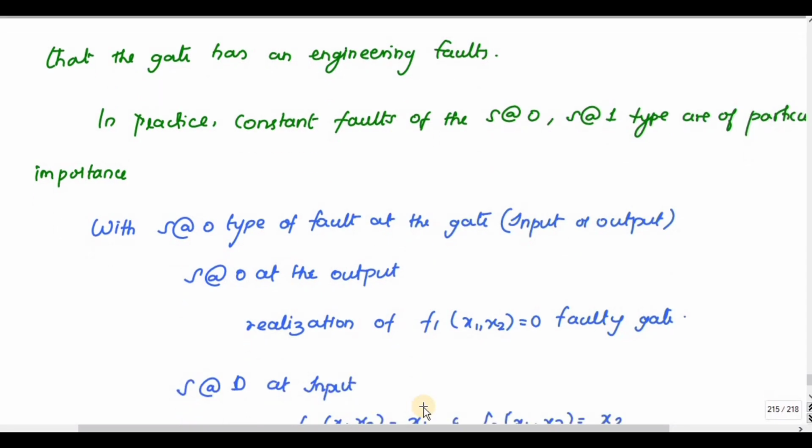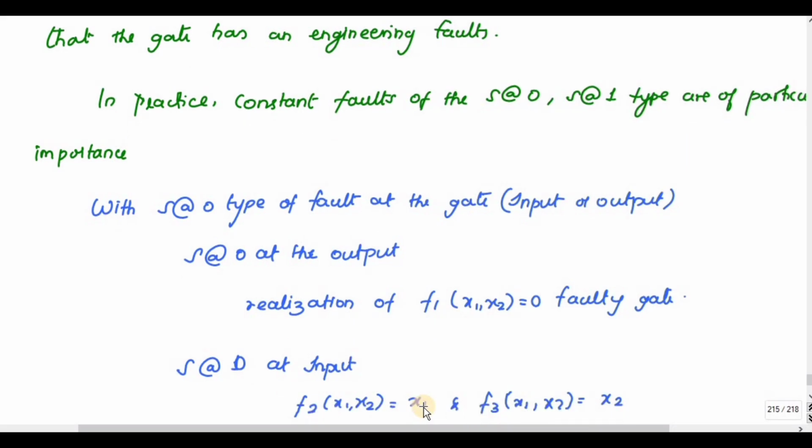Next, if there is a stuck-at 0 at the input: if x2 is stuck at 0, one input is 0 and the other input is x1, so you get x1 only.